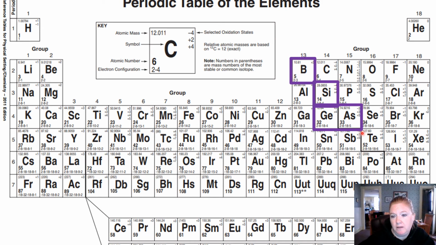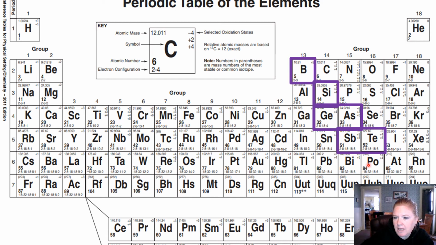Then we have, here's the line, we have two elements that touch the line, Sb and Te, beautiful, metalloids. These are the only ones that are agreed on, that always, these ones, B, Si, Ge, As, Sb, Te, always metalloids. So the only one touching the line up here that is not a metalloid is aluminum. So that's the oddball. You gotta remember that one.